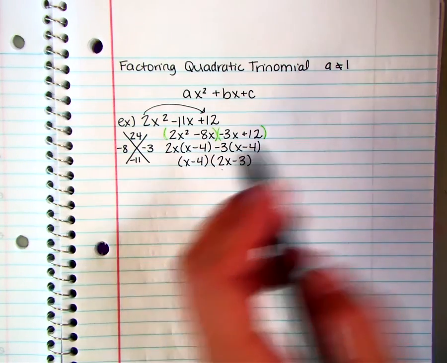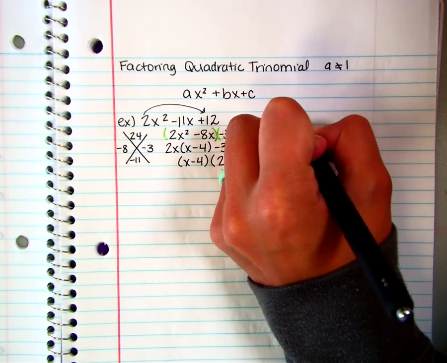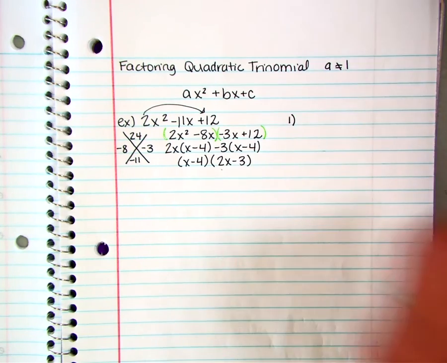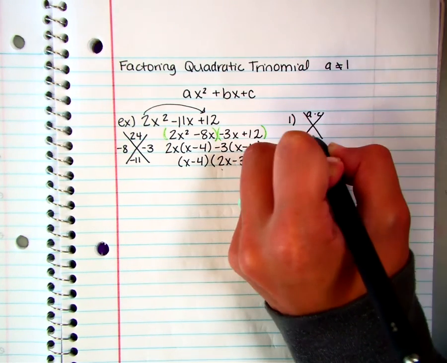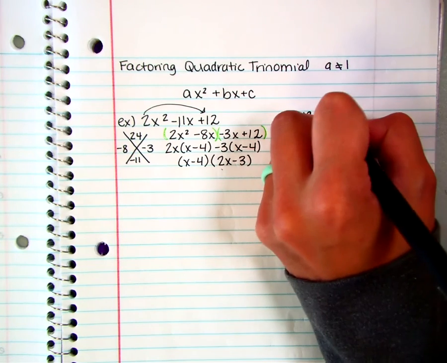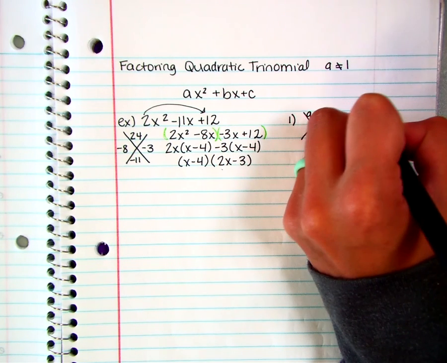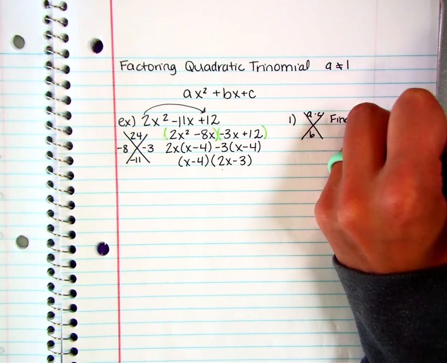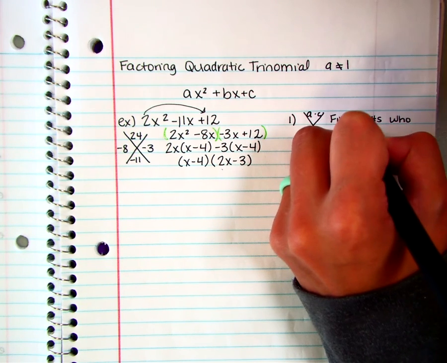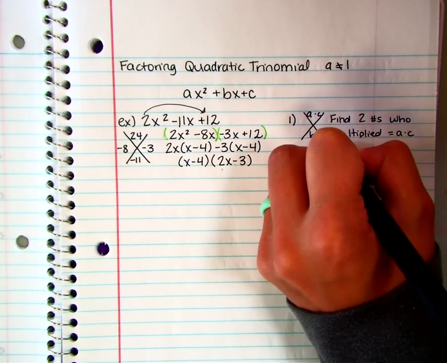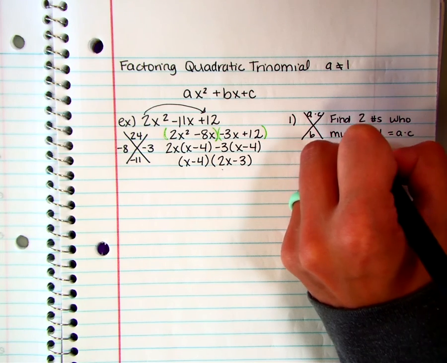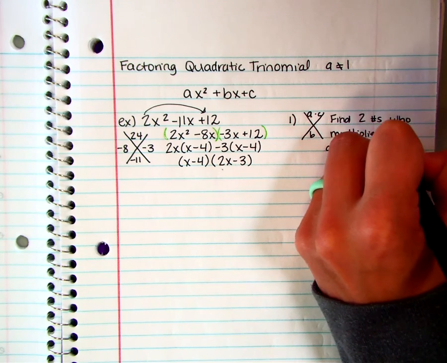So very similar to what we did when the quadratic trinomial's a was 1. I'll write out those steps. You'll have your x, a times c up top, b on the bottom. You're still finding two numbers who multiplied equal a times c and added give you b.